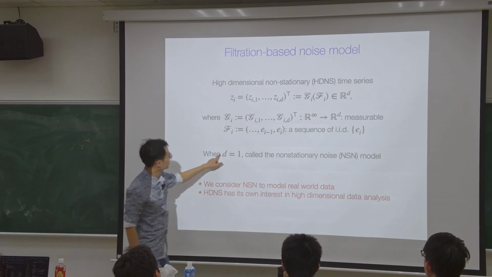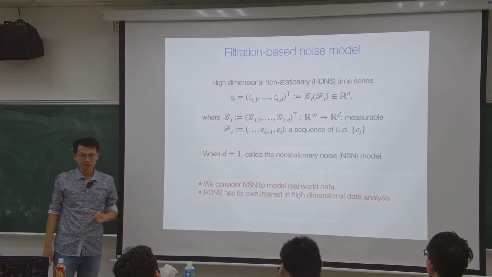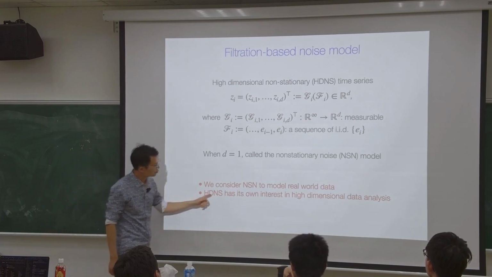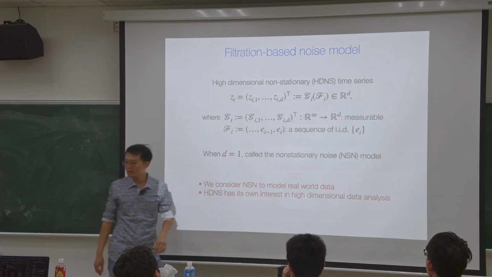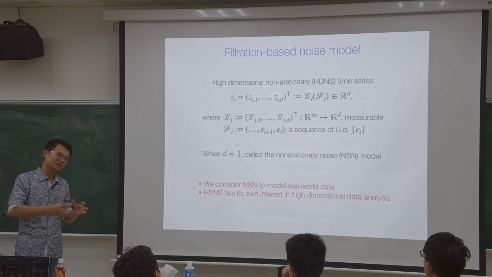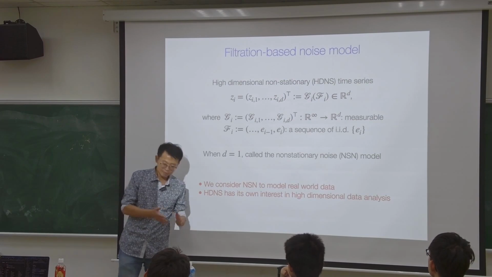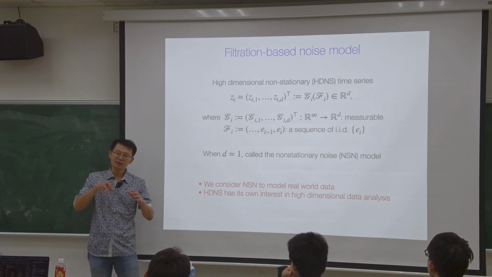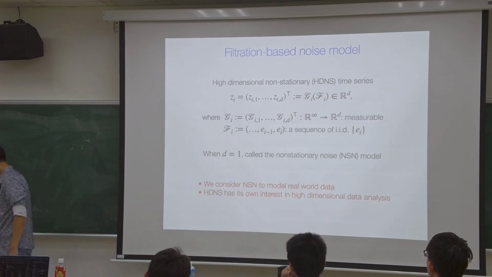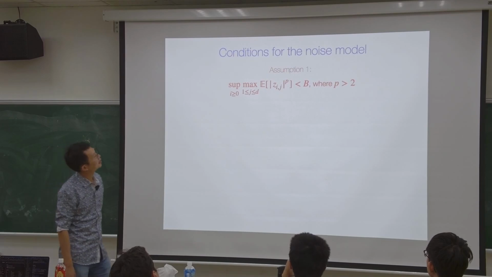If D is 1, it is called the non-stationary noise model. If D is greater than 1, it is a high-dimensional noise model, which we may or may not encounter in this lecture depending on the time, because usually when the data is high-dimensional and it's a time series, later on we will see something. The noise there can be modeled by this kind of high-dimensional thing. That is what I meant for the condition.